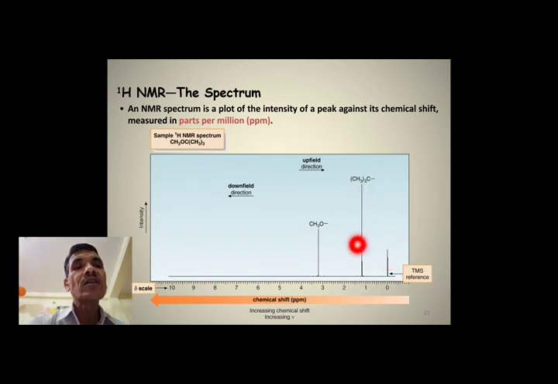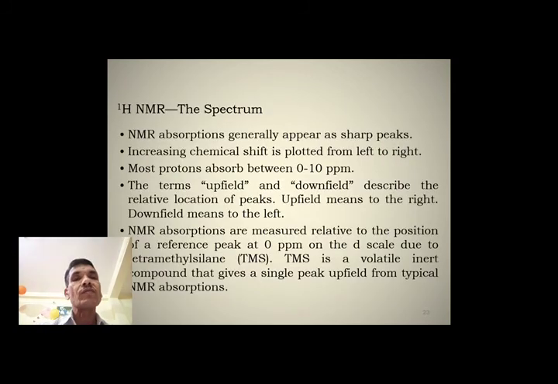This is the signal shown by methyl protons of the tertiary carbon atom. That is, these three methyl groups are attached to this carbon atom, 9 equivalent protons are there, and therefore its intensity is very high. While the methyl group attached with the oxygen atom, the signal is shown here in this compound.